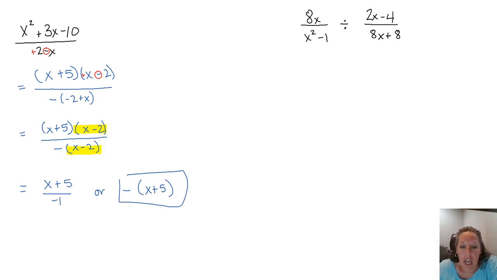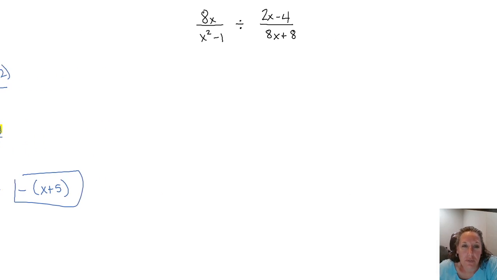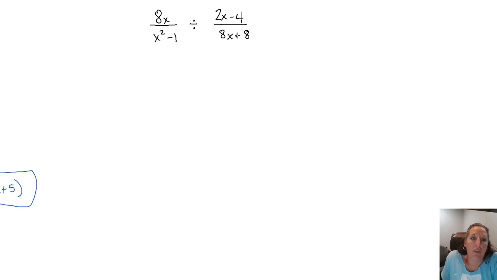Alright, so now let's look at this second example here. Here we have 8x over x squared minus 1 divided by the fraction 2x minus 4 over 8x plus 8. Now you might see this problem written like this.